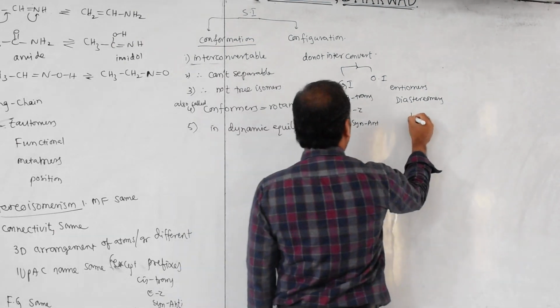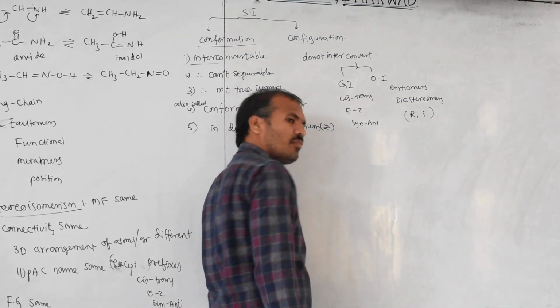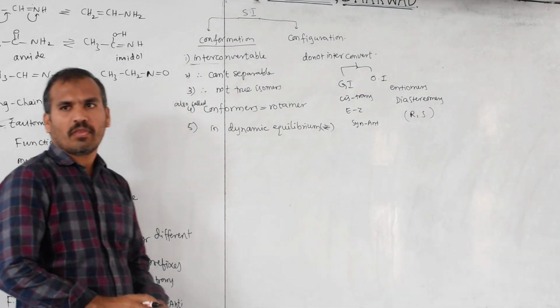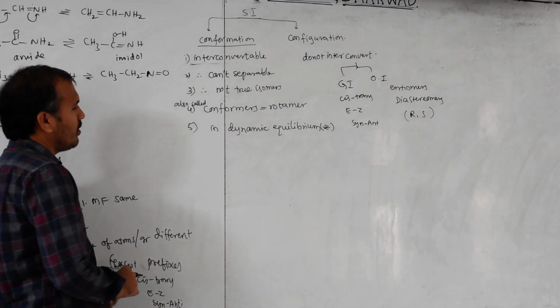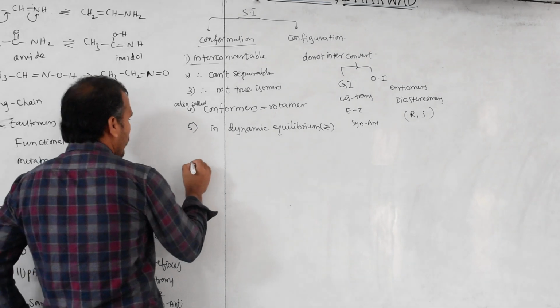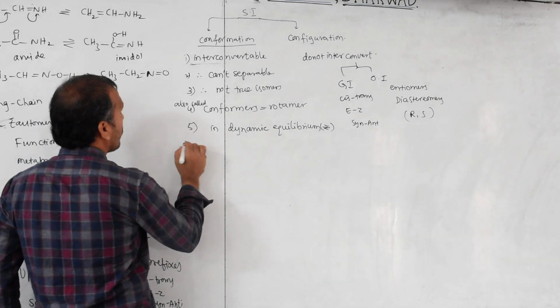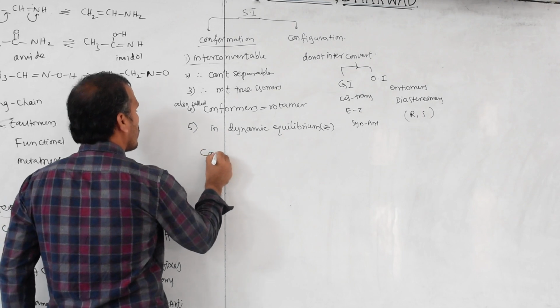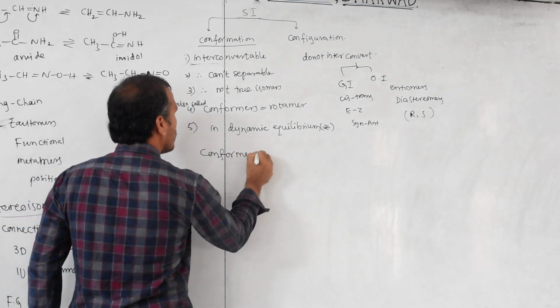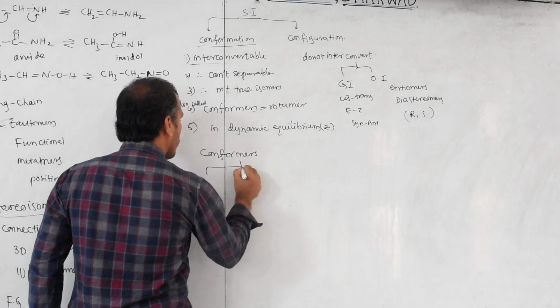Here we will discuss only the RS nomenclature. Now, these conformers are again of two types. How many types of conformers are there? Conformers are of two types.